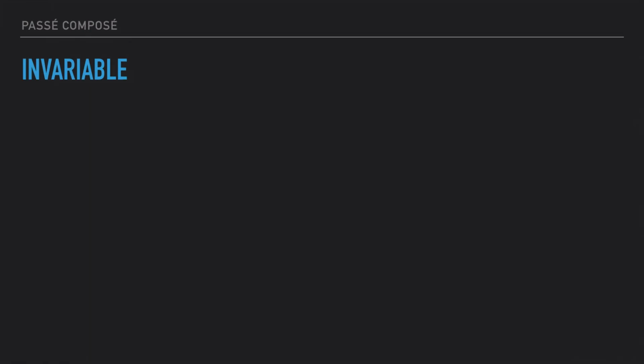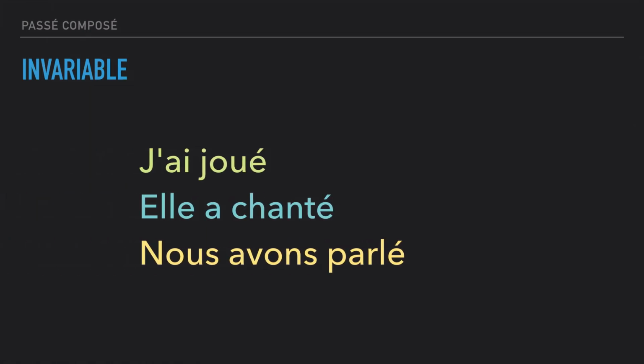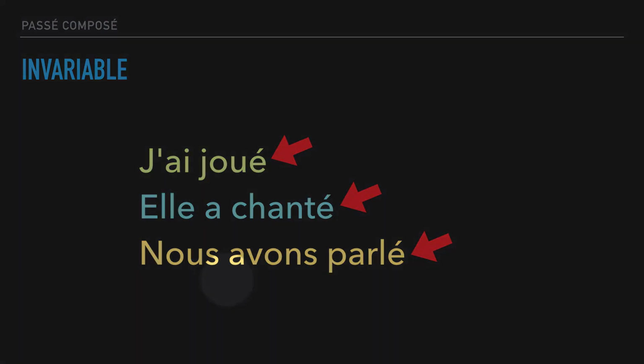As you can see in the examples we have just seen here, j'ai joué, elle a chanté, jouer is to play, chanter is to sing, nous avons parlé, parler is to speak. Well, as you can see here, there is no agreement. Here, for example, elle is feminine, but with chanter we don't need to add an additional E. Nous is plural, but there is no S here.